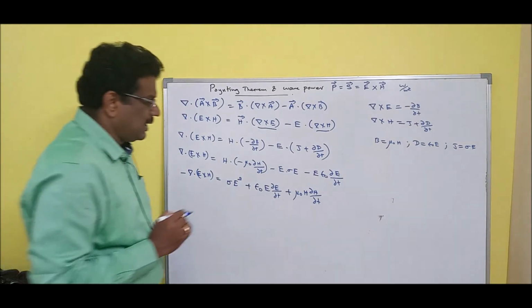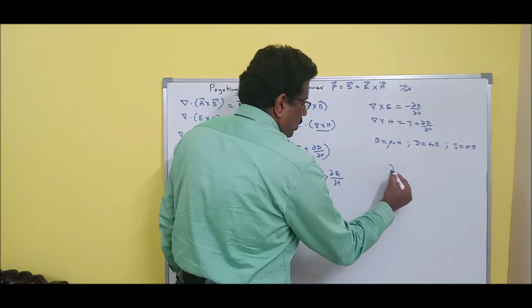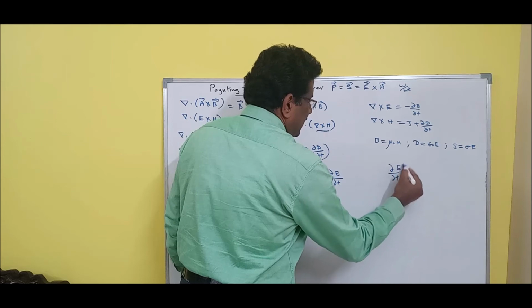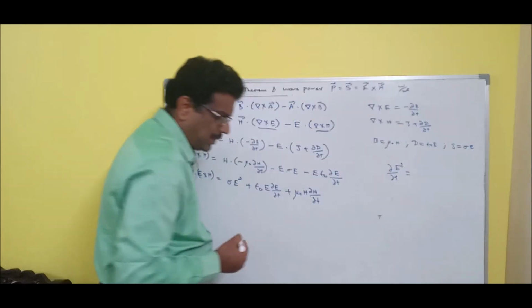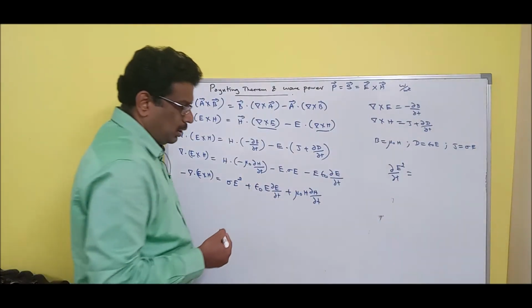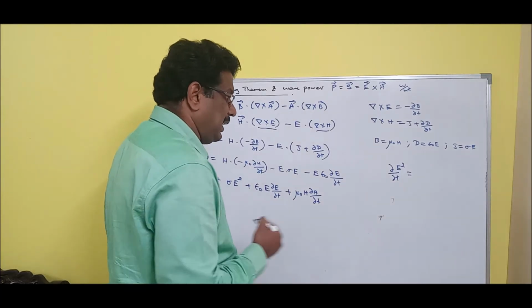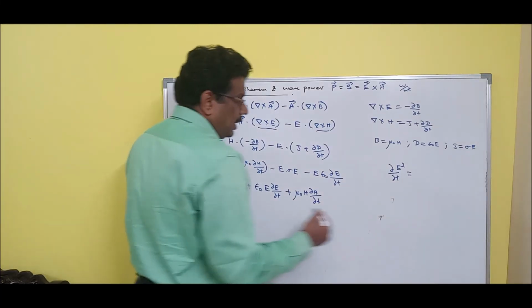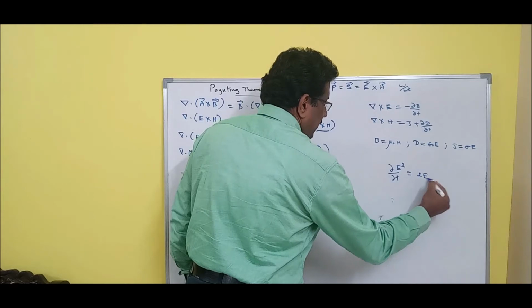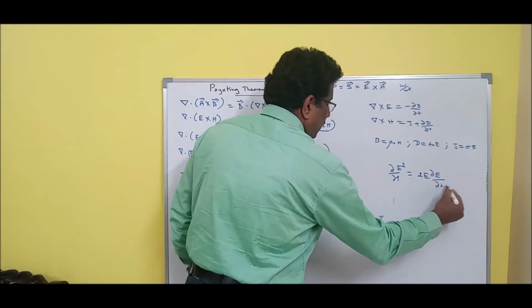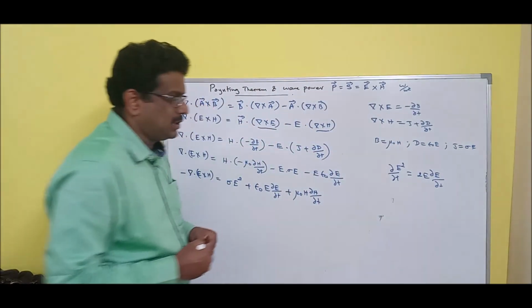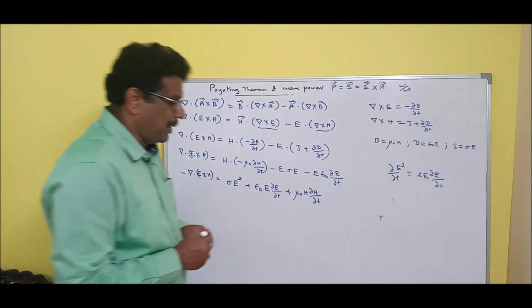Now for the general mathematics, you should know dou by dou T of E square. Just remember it's a partial differentiation. It's not differentiating with respect to E, differentiating with respect to time will result in 2E dou E by dou T.